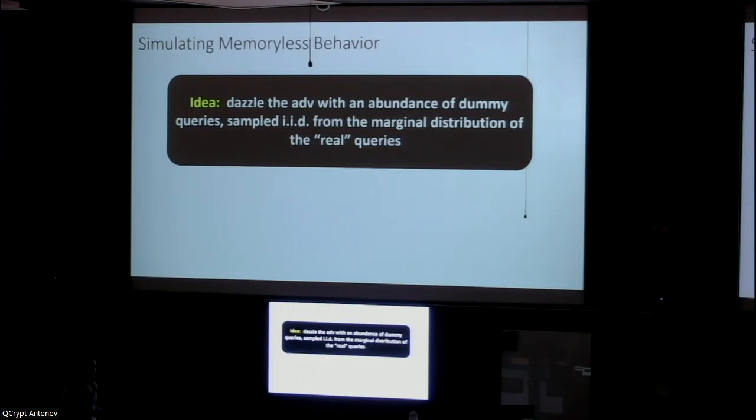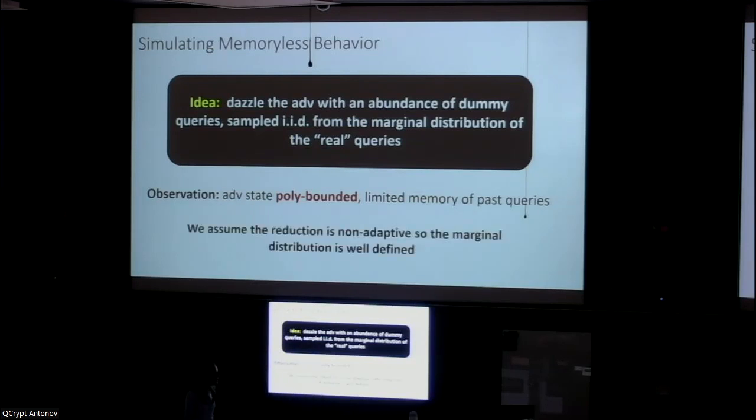The observation is that because the adversary is poly-bounded, his memory is bounded, and if we dazzle him with enough dummy queries, he'll forget the real one. He'll forget a lot of them, and the real one probably too. That's the idea. I just want to mention this is where we assume non-adaptiveness of the reduction.